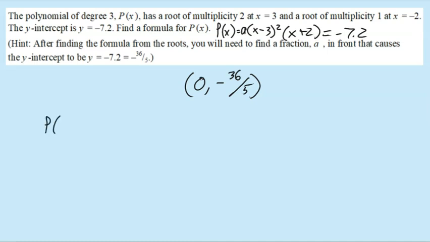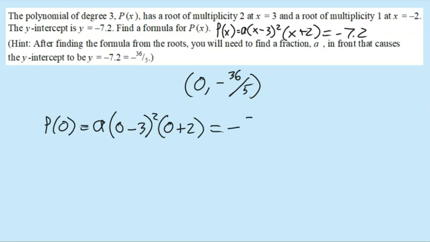We'll say that p of x, or p of 0, is equal to a. So we've got to find a value of a. And then this x minus 3 squared, we know we got to put a 0 in for x: 0 minus 3 squared. Then x plus 2, we got to put a 0 in for x plus 2. And the whole thing is going to be equal to, instead of negative 7.2, negative 36 over 5.